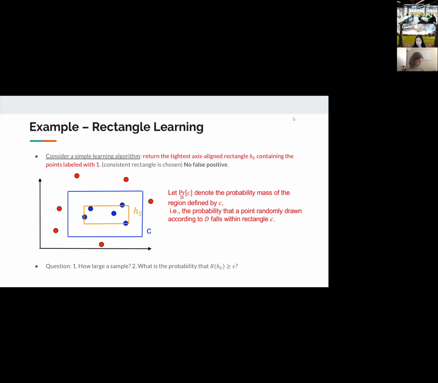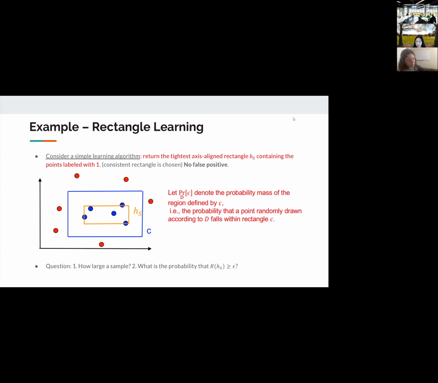You have a distribution, and the distribution is on the input space. Now you look at one region of the input space and define the probability mass on the region by the probability of C on D.